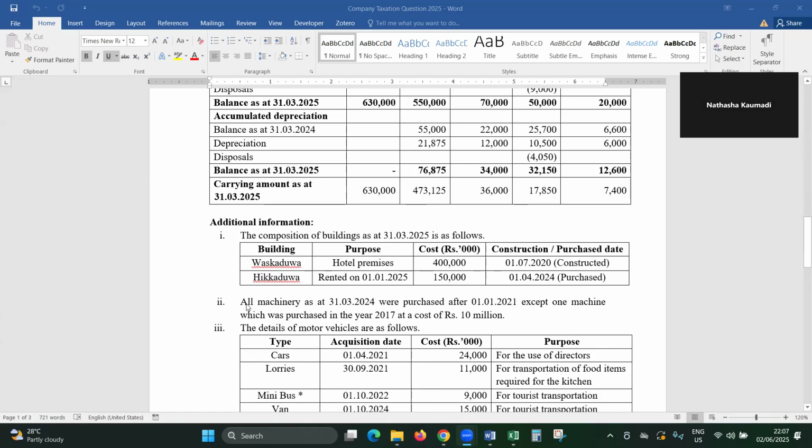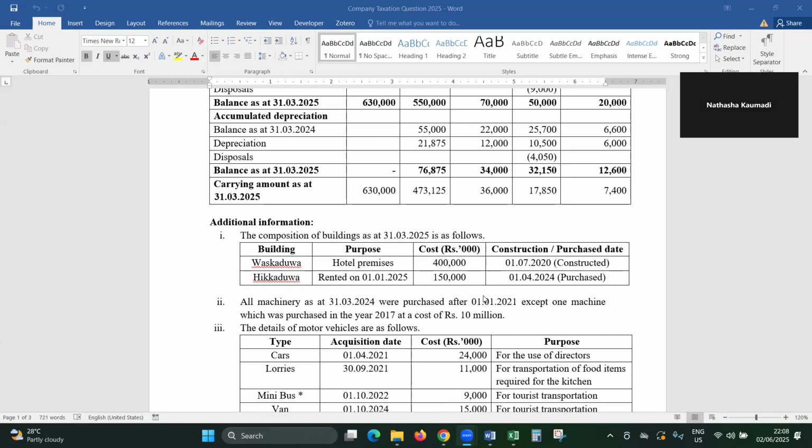And it says, all machinery as at 31st March 2024 were purchased after 1st January 2021, except one machine which was purchased in the year 2017 at a cost of 10 million. So if we take 1st January 2021, what are the years of assessment applicable here? 2021, 21-22, 22-23, 23-24, 24-25.